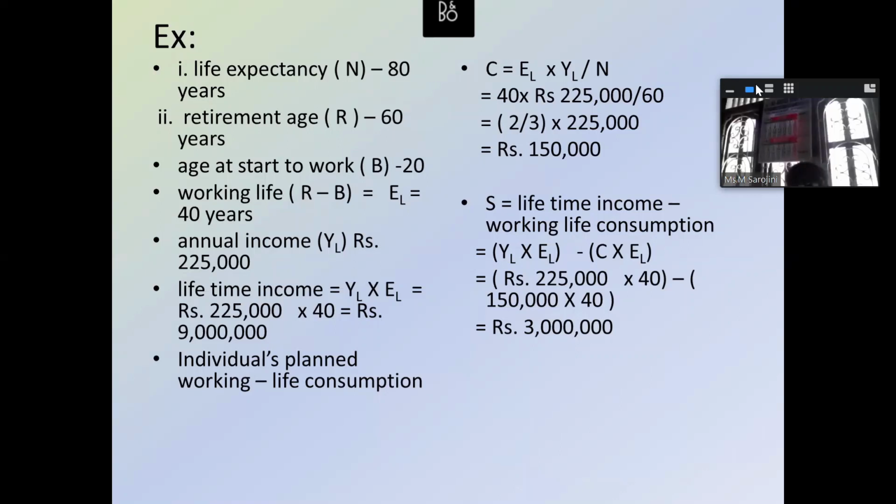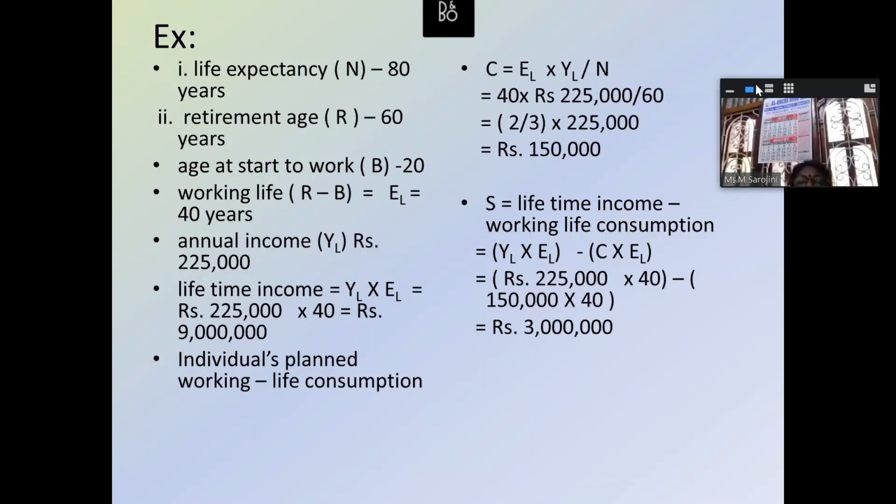Right. Here, first you have to find the working duration. What is the working duration? Retirement age minus starting age. That is here 40. And the second thing you have to identify is how long he is going to live.